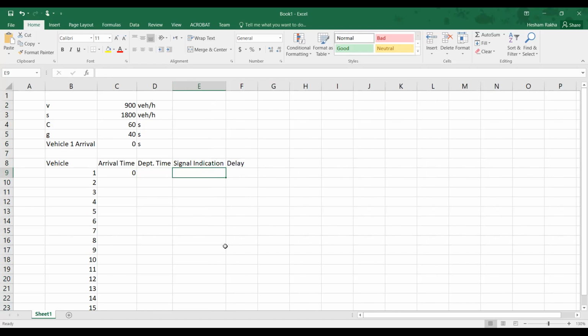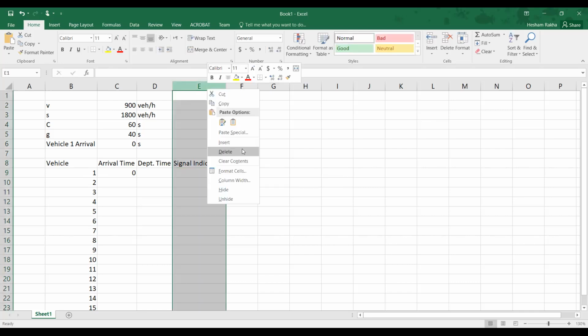Now let's say mod 60. Actually, no, we can't do that because we have to have the time. So let's forget about this because this would be a more complicated way. So I'm just going to remove this column.